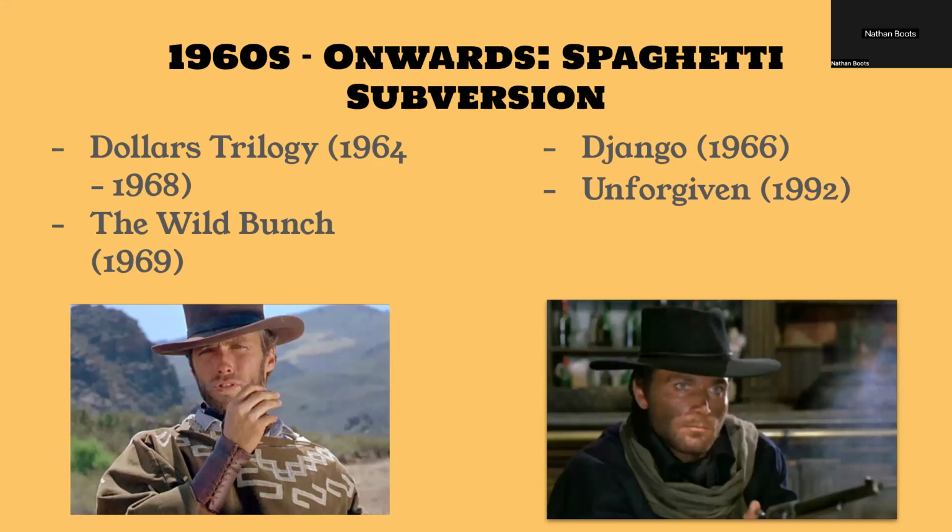Sergio Leone is obviously who we all know for the Dollars Trilogy, like A Fistful of Dollars and The Good, the Bad and the Ugly. And this is what starts what gets called revisionist Wild West films. Compared to the past, this is a lot grittier and a lot darker. With something like Unforgiven or Tombstone later on in the 90s, we get a lot more realism.